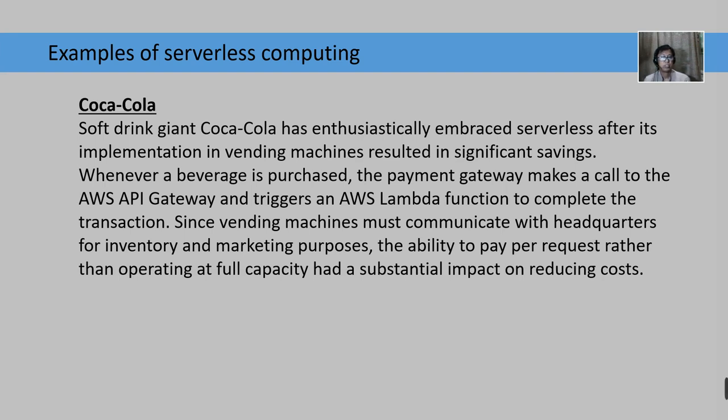Since vending machines must communicate with the headquarters for inventory and marketing purposes, the ability to pay per request rather than operating at full capacity had substantial impacts on reducing cost. So these are some of the examples and cases where a company or an app uses serverless computing.